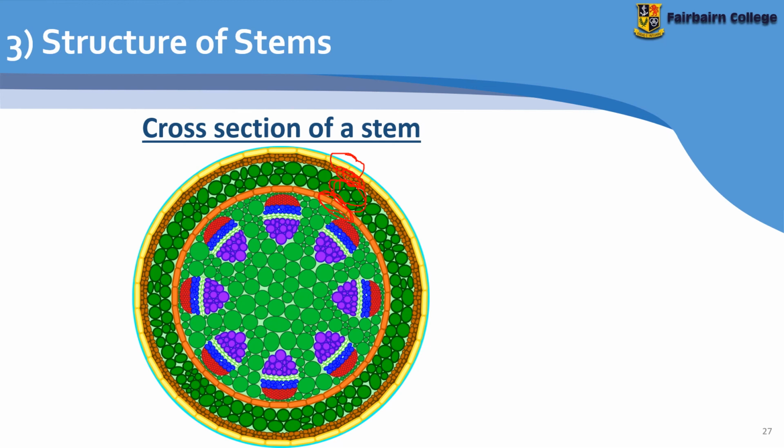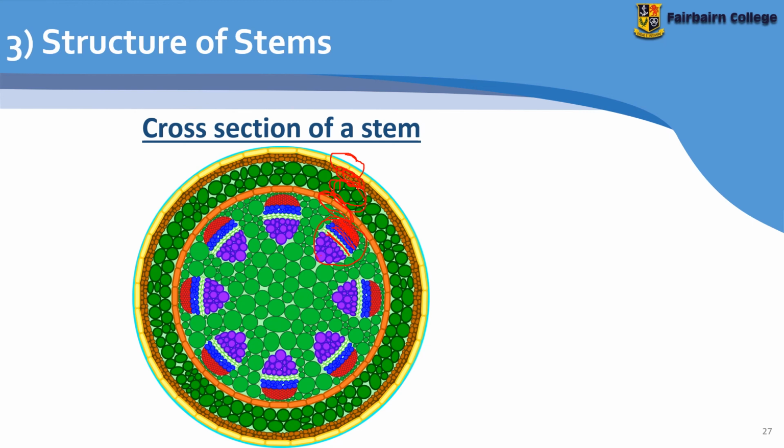But then moving on from there, you have the star of the show when it comes to the stem, the vascular bundles. In this case, we looked at it and said the inner layer is the xylem, then we have a layer of cambium, then a layer of phloem, and then the sclerenchyma cap.